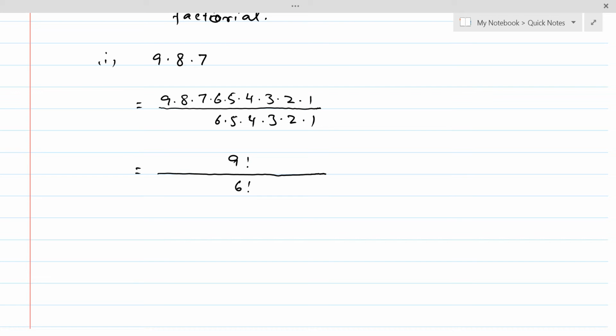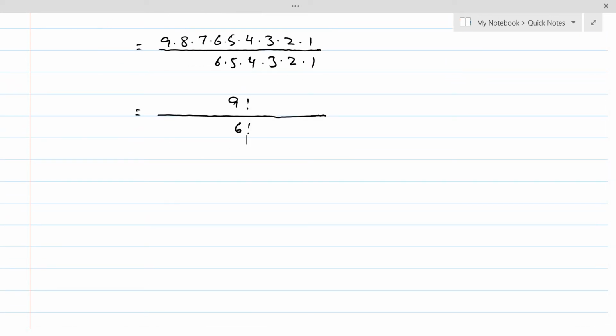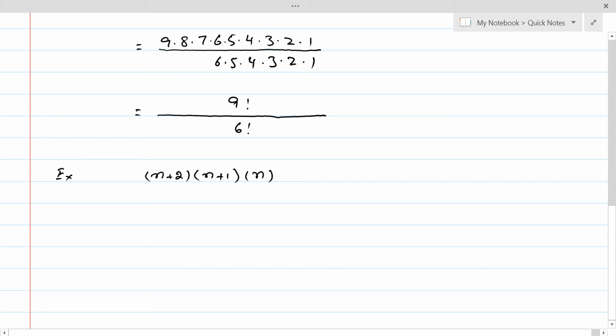Here we have another example, and this time we have n plus 2 times n plus 1 times n, and our task is to write this in the form of a factorial.